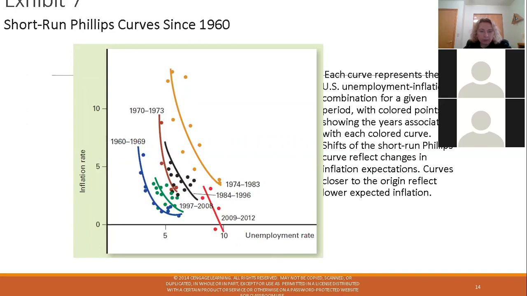From 1974 to 1983, you can see super high inflation. And from 2009 to 2012, we had unemployment rates up to 10% and inflation was actually negative, or we saw deflation. You can see how that red line dips below zero.